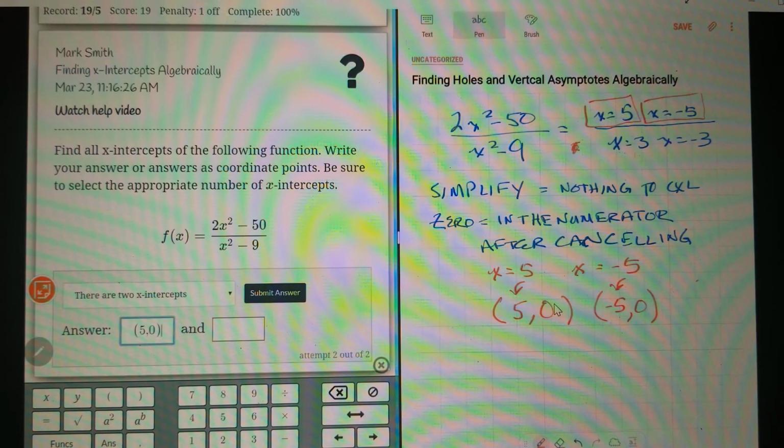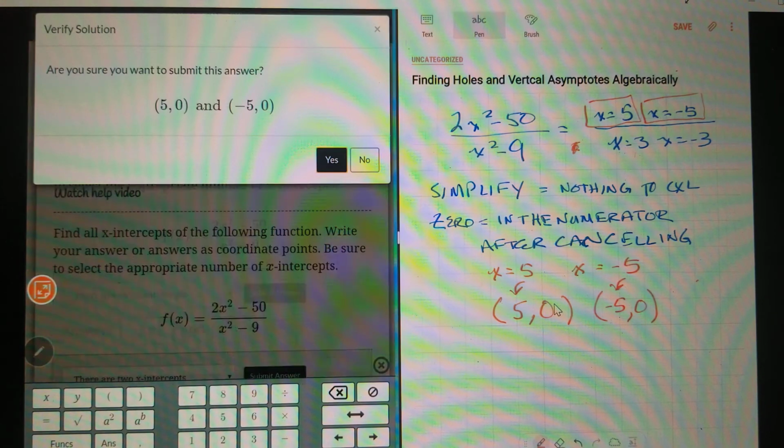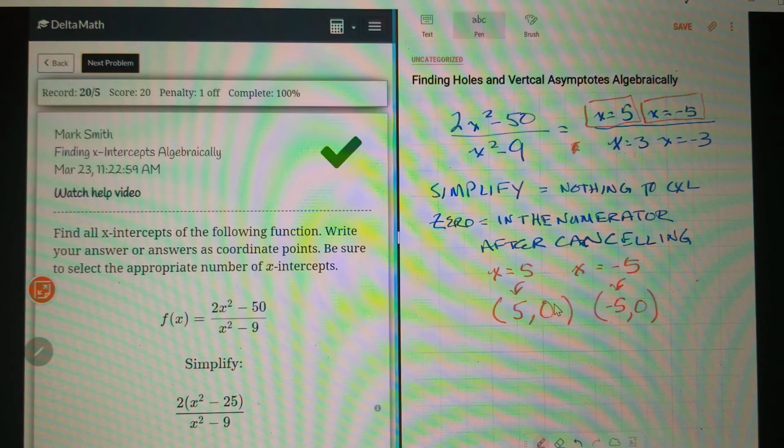And over here, I'm going to put parentheses, negative 5, comma, 0, parentheses. And I'm going to say submit answer. And after thinking a little bit, it gives us a nice big green check. So there you are. That's how to find zeros in rational expressions.